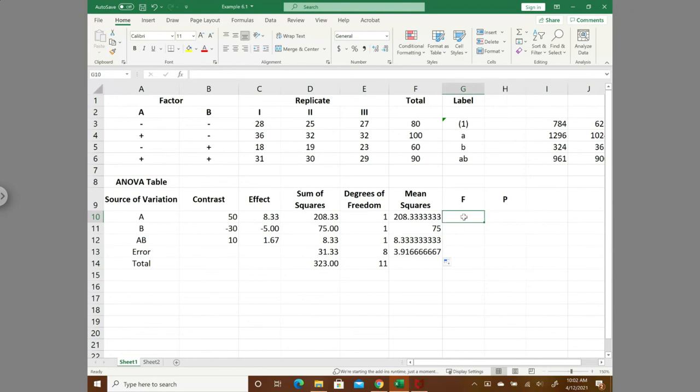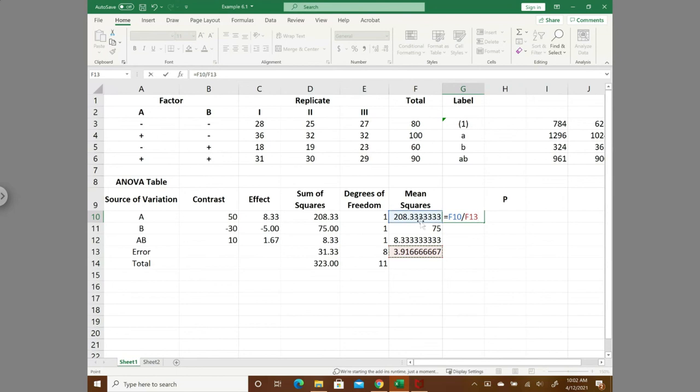So let's calculate F first. The F value for factor A is the mean square A divided by the mean square error. That's always the case, right? We want to see the variation caused by factor A and compare that with the standard experimental error. If the variation caused by factor A is significantly higher than the standard experimental error, that means factor A has a significant effect on the yield.